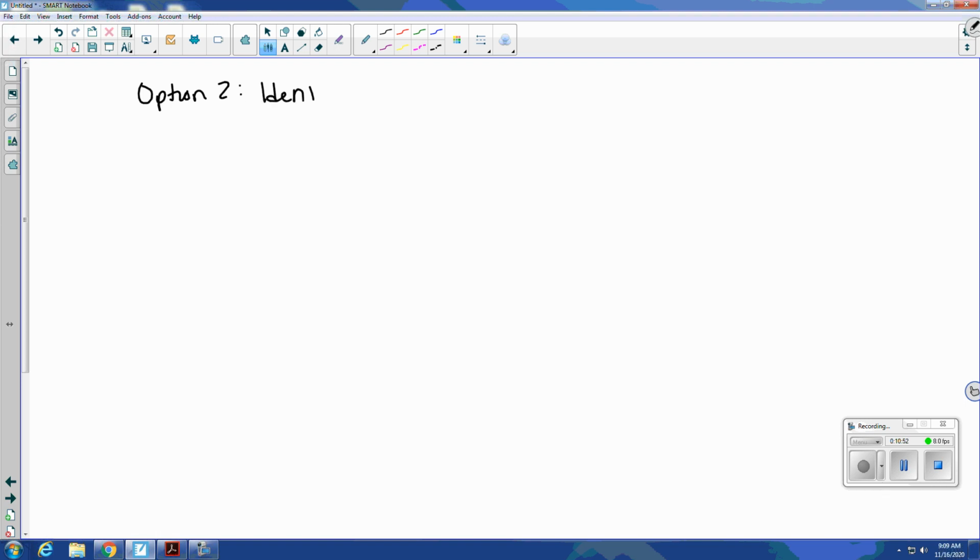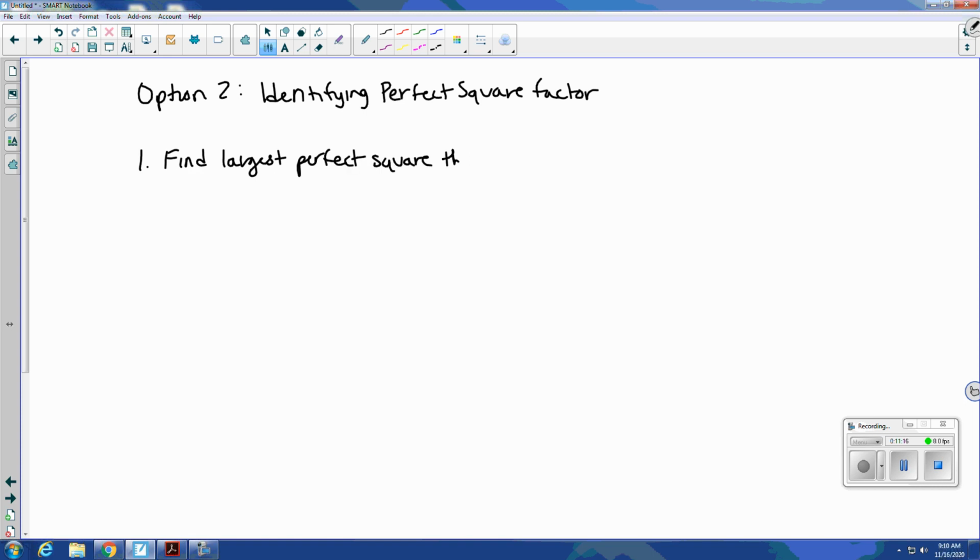Identifying a perfect square factor. So step 1, find the largest perfect square that the given number is divisible by.